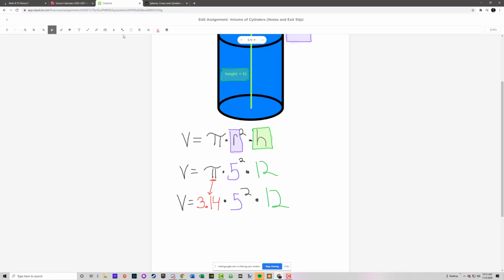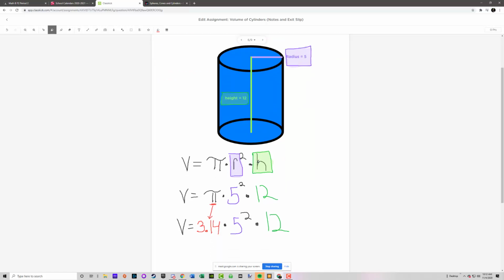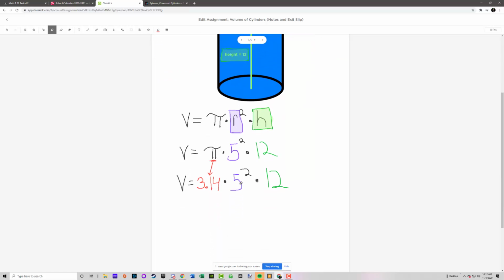And so now to find the volume, volume equals all of this. And now we have gone from an 8th grade level geometry problem to a 6th grade level order of operations problem. Because all we have to do, folks, is use the order of operations to simplify this, and we'll be done.